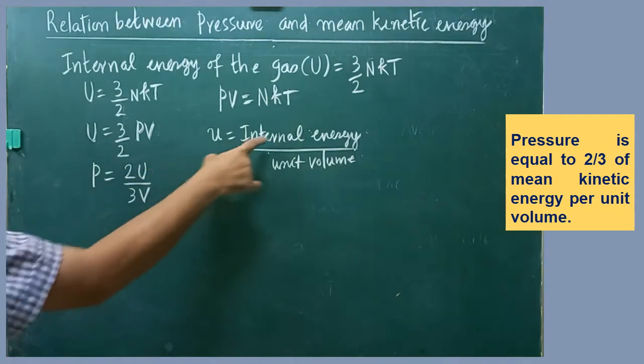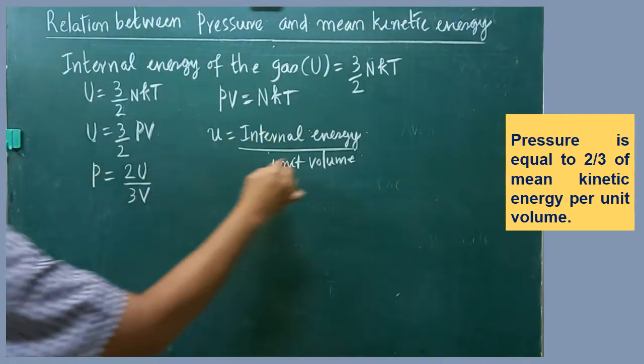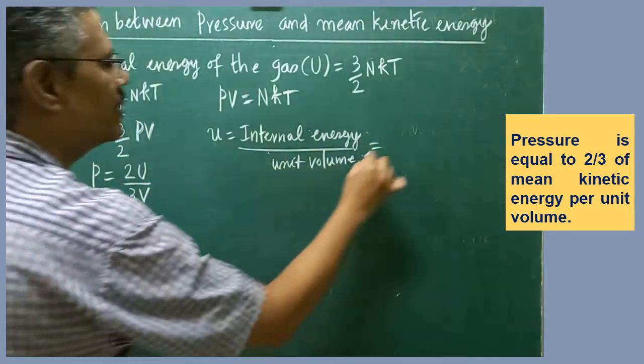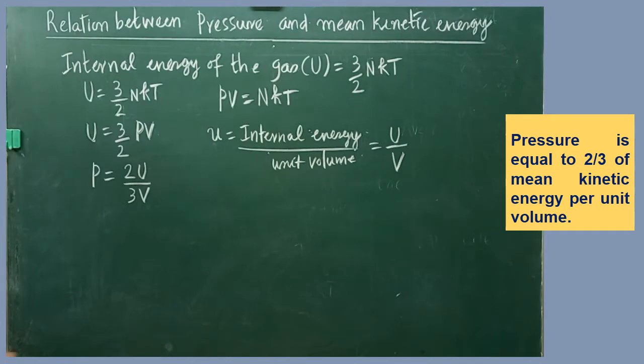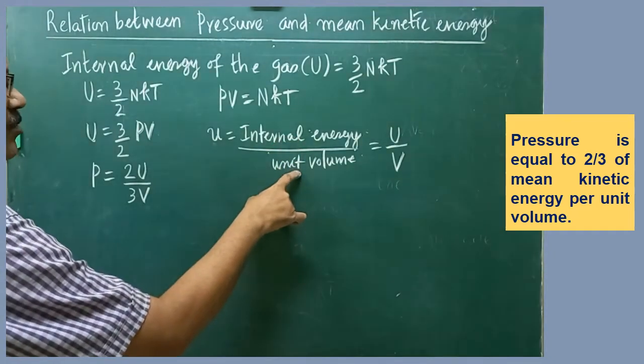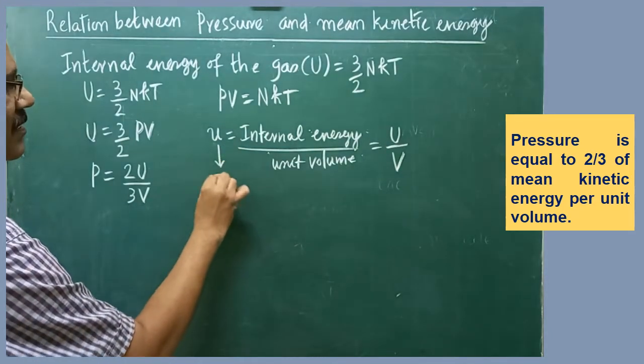Here U, the internal energy, is divided by volume. So small u is equal to U by V. That internal energy per unit volume is simply called internal energy density.